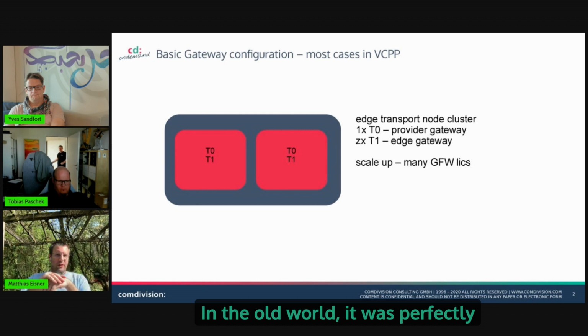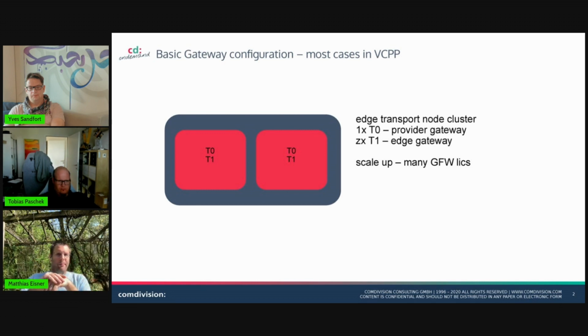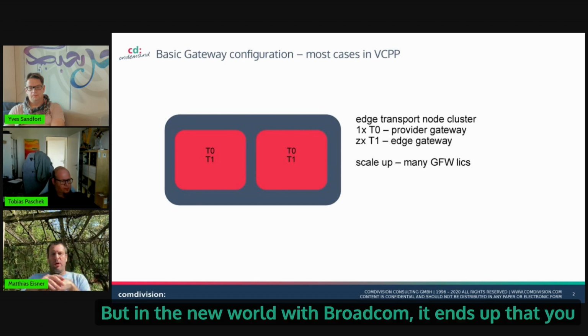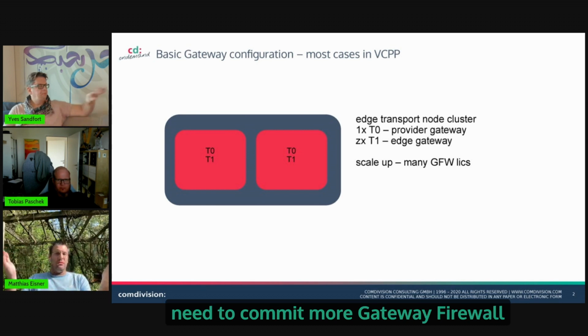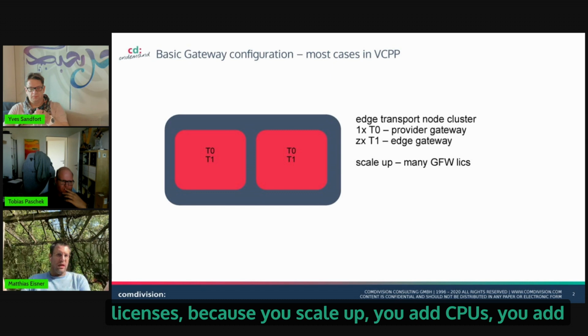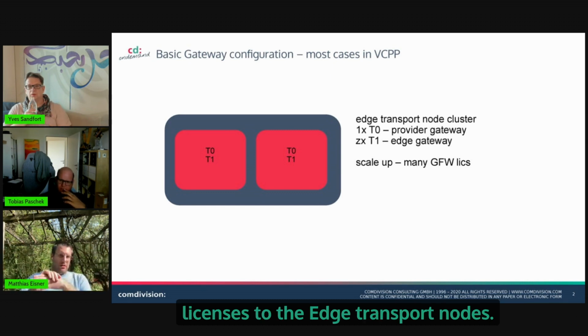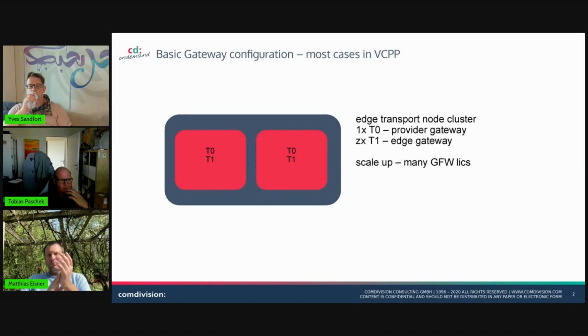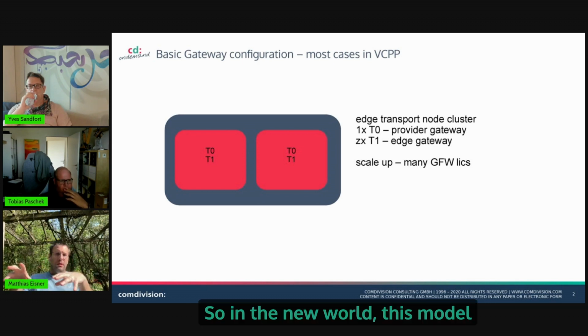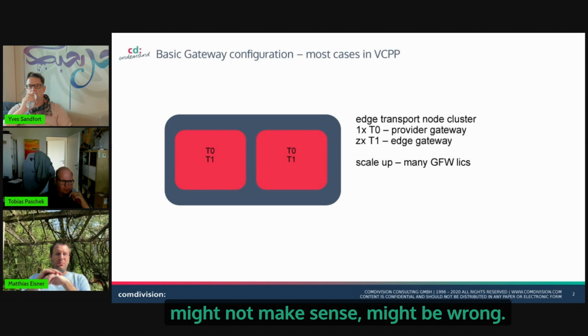In the old world, it was perfectly fine because you paid on virtual RAM. But in the new world with Broadcom, it ends up that you need to commit more gateway firewall licenses because you scale up, you add CPUs, you add licenses to the edge transport nodes, right? So in the new world, this model might not make sense, might be wrong.